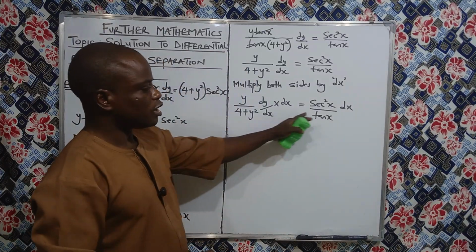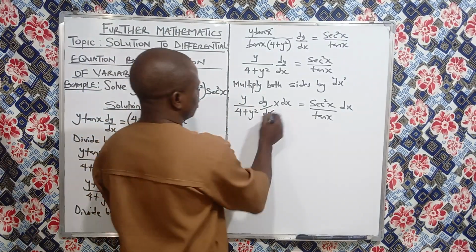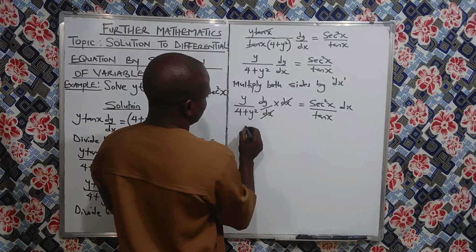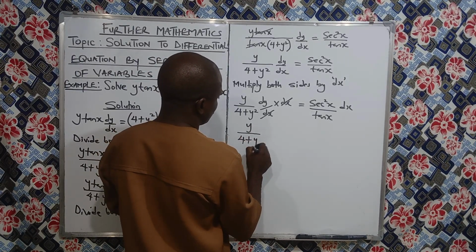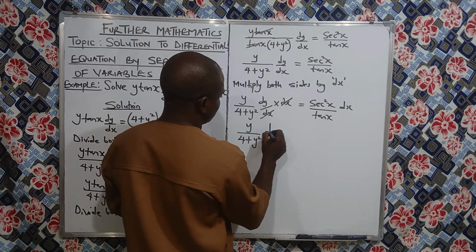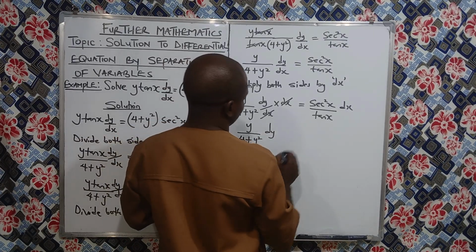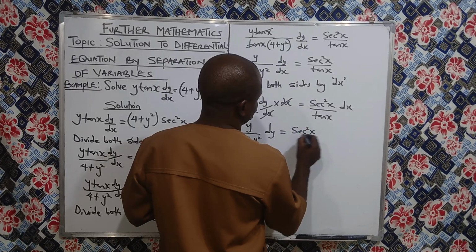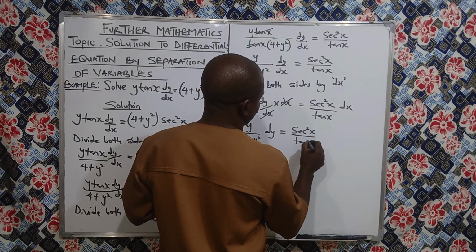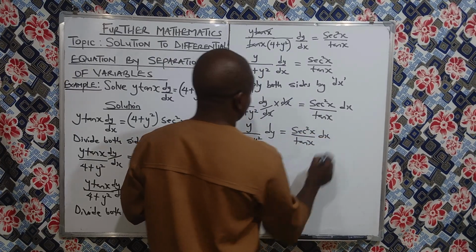Multiplying both sides by dx, dx cancels dx. We're left with y over 4 plus y squared dy equals sec squared x over tan x dx.